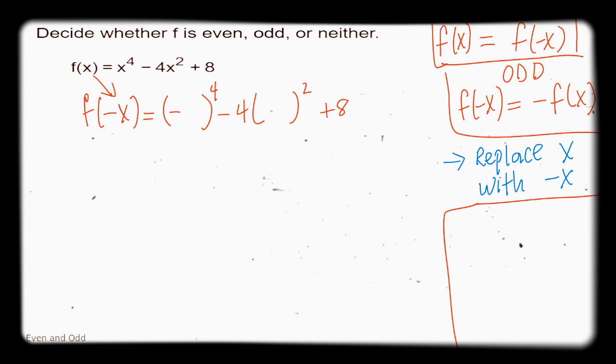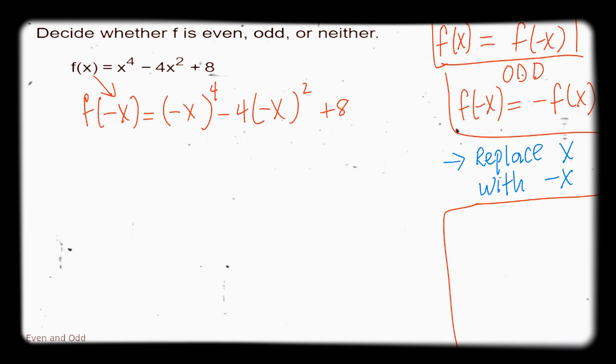You want to write it in parentheses because the x is going to be raised to a certain power, so you know that negative x has to be raised to that power.